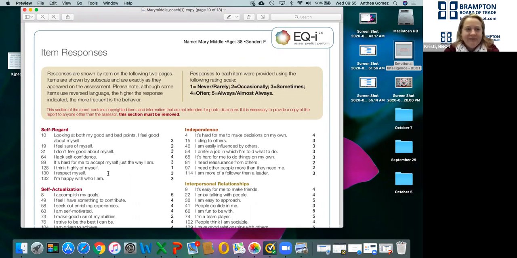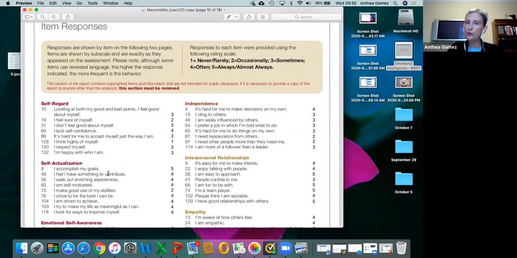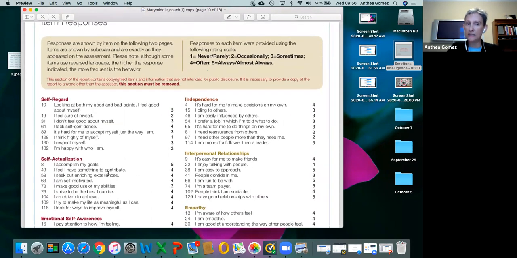is helpful. Exactly. And when someone says, well, I disagree with that result, what I can do as a coach as part of my report, is go to the questions that are assigned to each of those competencies and say, well, you've rated yourself this way to this question that aligns with self-regard, as an example. Does that make sense to you?